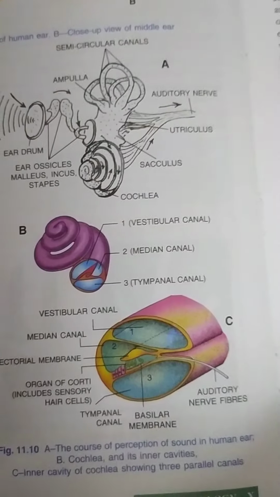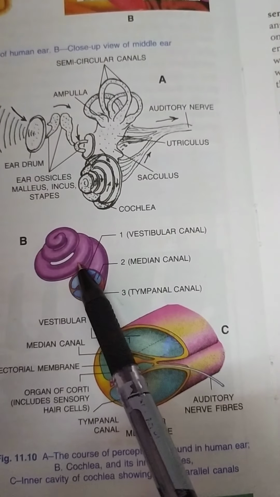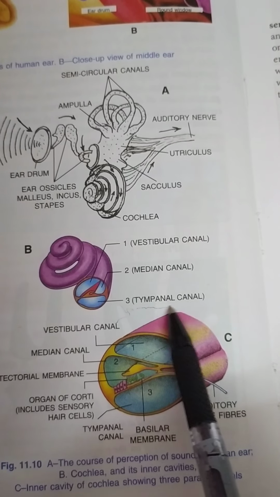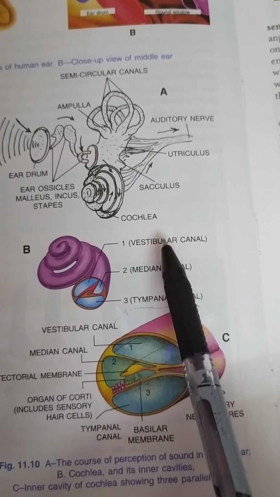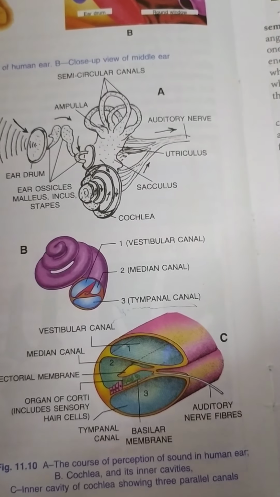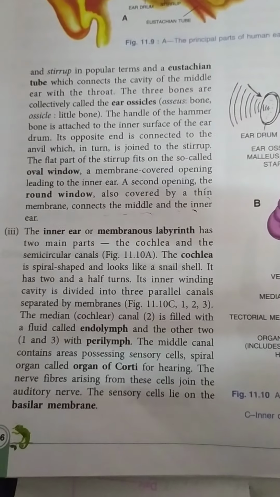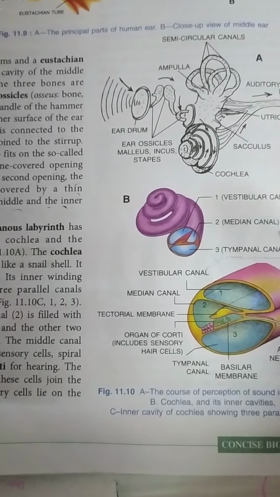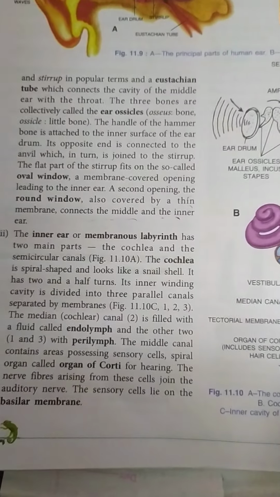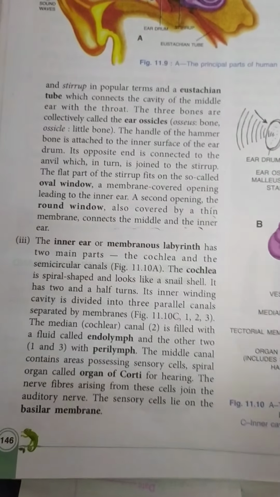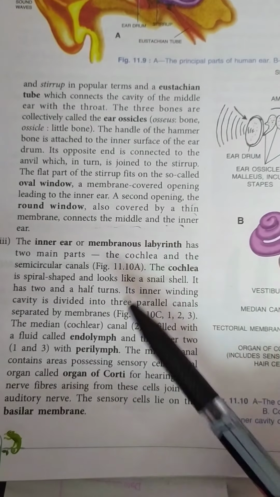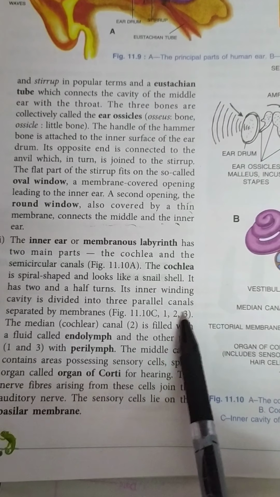Here is the diagram of the cochlea and its parts: tympanic canal, median canal, vestibular canal. This cochlea has 2.5 turns. Just see in this diagram, 2.5 turns are there.